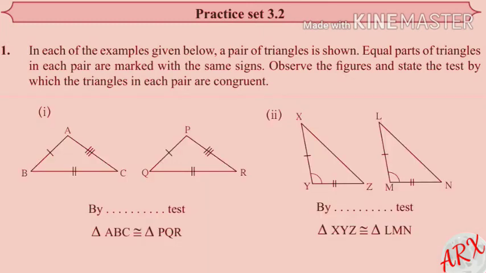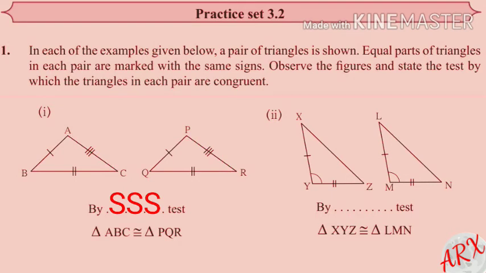First, as we can see the figures on the screen, in triangle ABC and triangle PQR, AB congruent to PQ, BC congruent to QR, and AC congruent to PR. Hence, triangle ABC congruent to triangle PQR by SSS test.